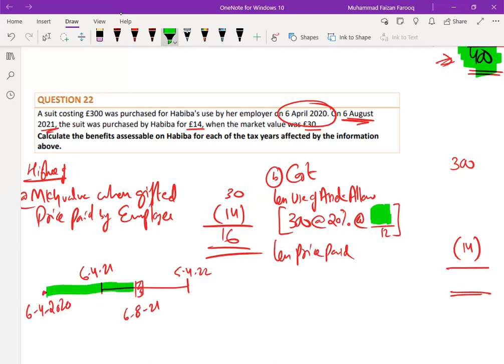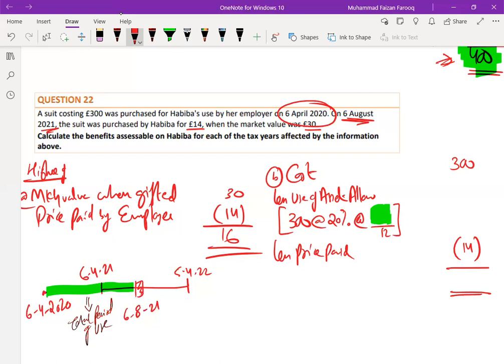So I just said in the previous question, we are going to take total period of use, not used during the tax year. So April till August, how many months I have to calculate. So April, May, June, July, August. This August is in 2020.